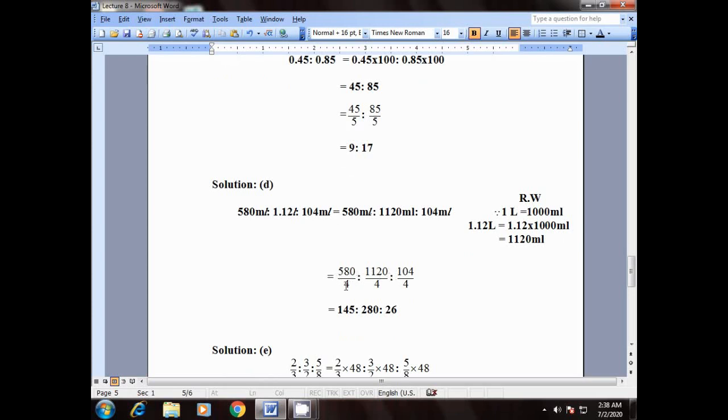If we divide 580 by 4, the quotient will be 145. Same as, dividing 1120 by 4, we get the quotient 280. And if we divide the third quantity 104 by 4, the quotient will be 26, which is the simplest form of the given quantities.